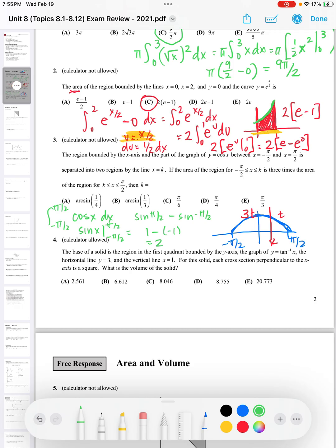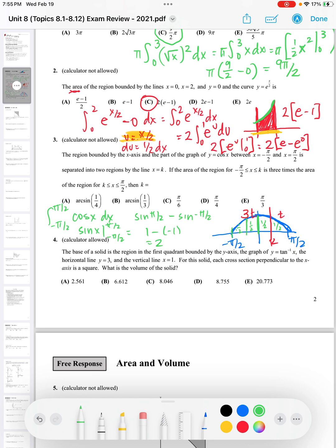Now really this is 3 parts to 1 part. So if we break this up, this 2, and we break it up into 4 equal parts, each one ends up being a half of the value.